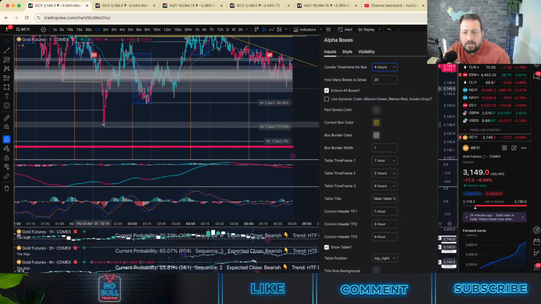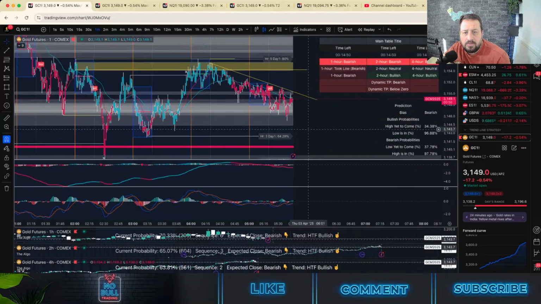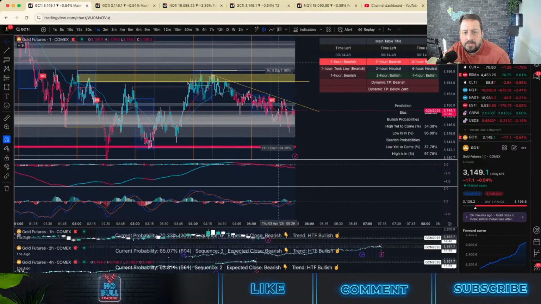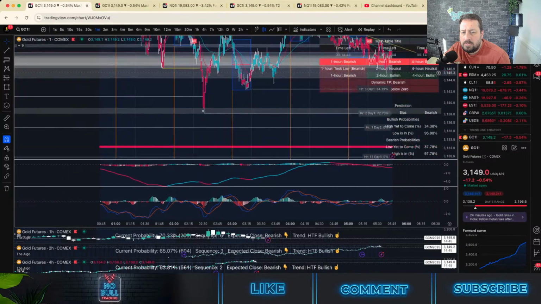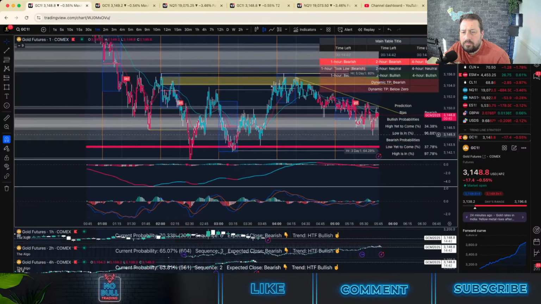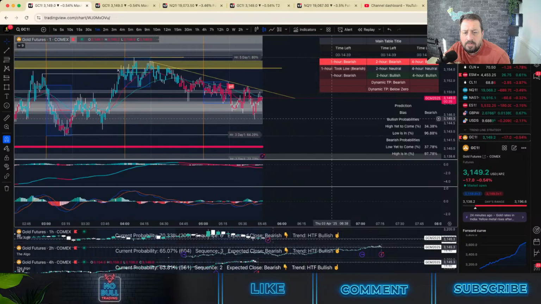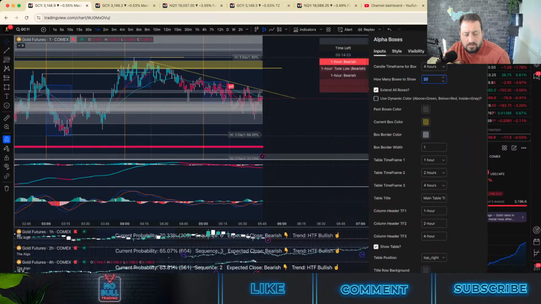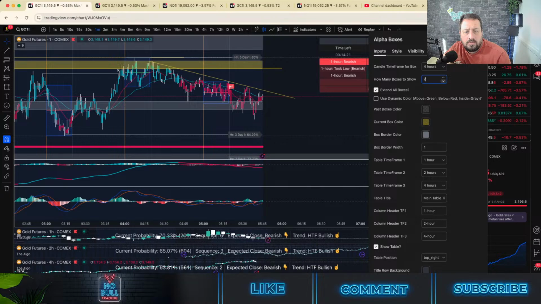Four hours being held up inside of here for a while. There's been a lot of price in between these two. There we go. More recent 4 hour level.